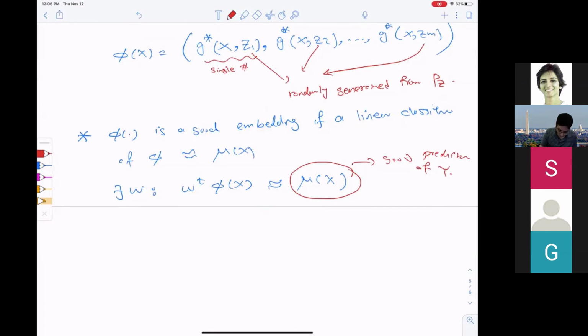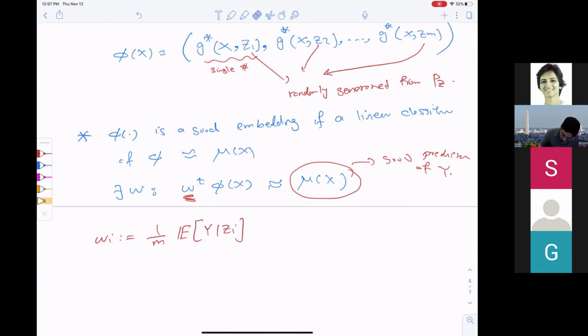There is an explicit construction of these W weights that shows a linear function of phi would be close to mu of x. So what is that construction? W is a vector of length m, so W_i is 1 over m times the expectation of y given Z_i, where Z_i is one of the samples that we have generated.